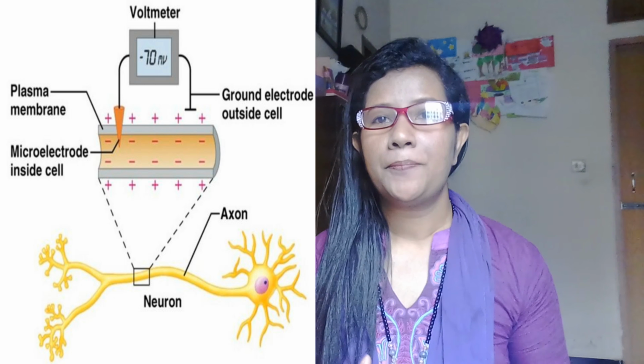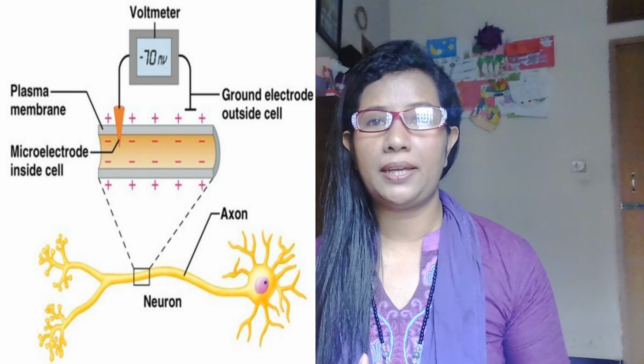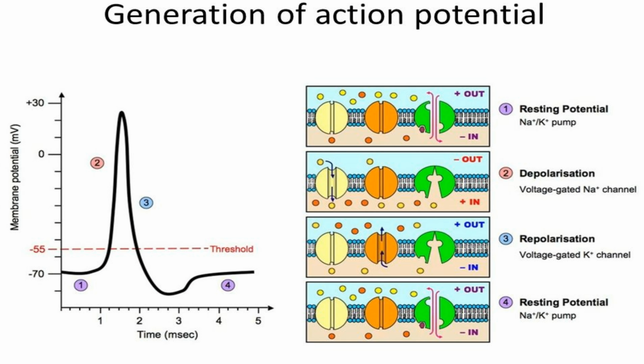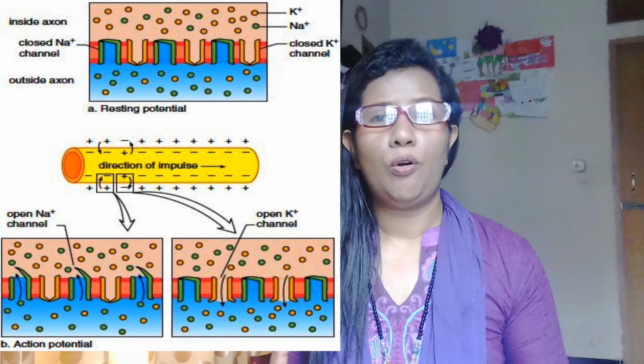The potential difference across the cell surface membrane of the axon suddenly switches from minus 70 millivolt to plus 30 millivolt. It swiftly returns to normal after briefly overshooting.